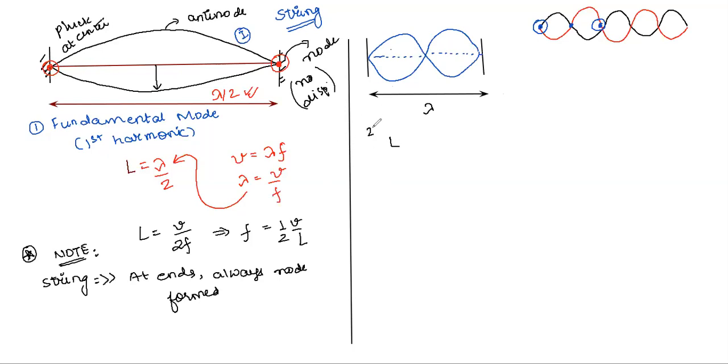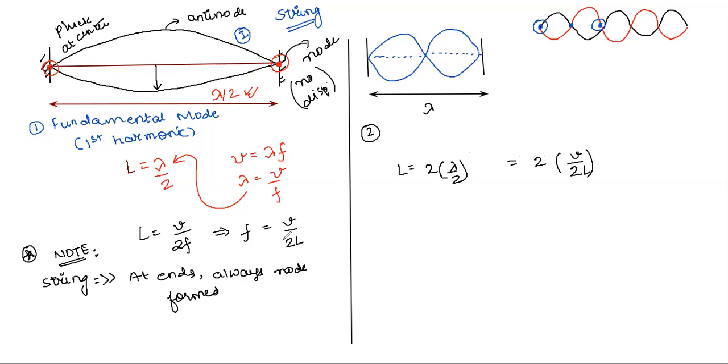So this is the second case, where L is equal to lambda, or I can write this as 2 lambda by 2, right? And on that note, we can write this frequency as 2 times of v by 2L, right?